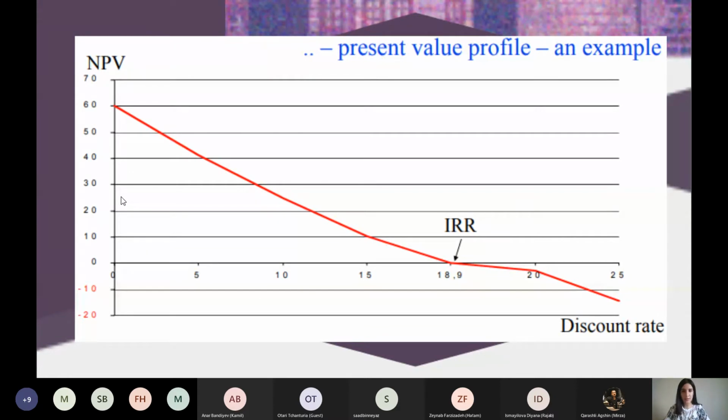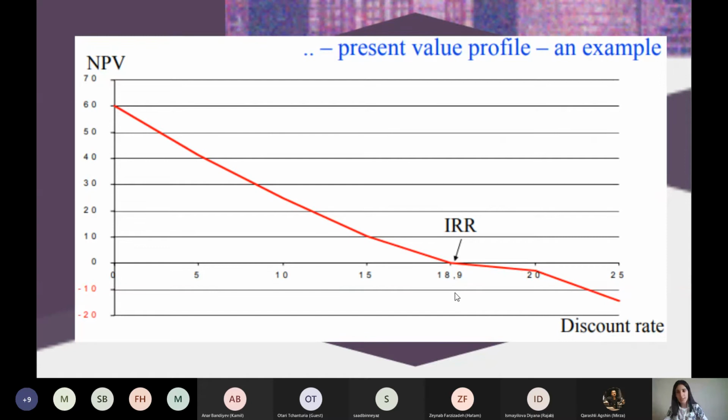Discount rate is 10, NPV is still positive, you accept the project. 15, yes, NPV is still positive, you accept the project. But when the discount rate is 18.9%, then NPV will be 0, so you will be indifferent. Here, this 18.9, which we found as a discount rate, is exactly the internal rate of return.